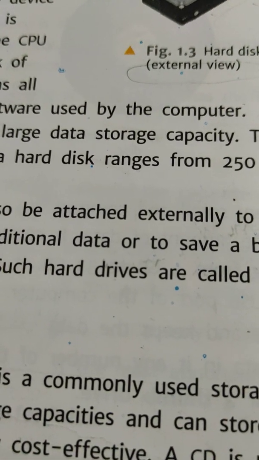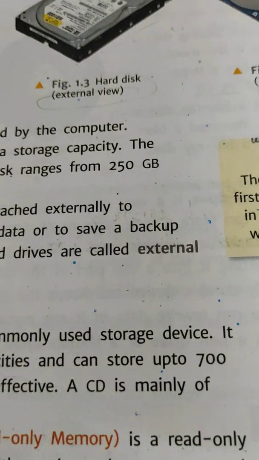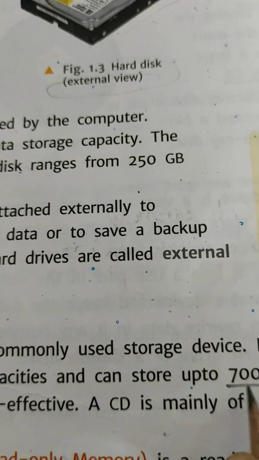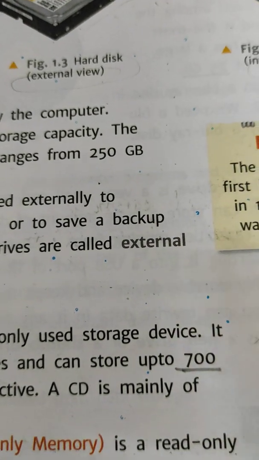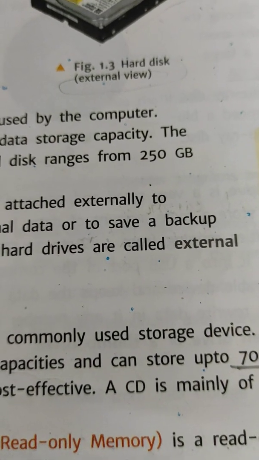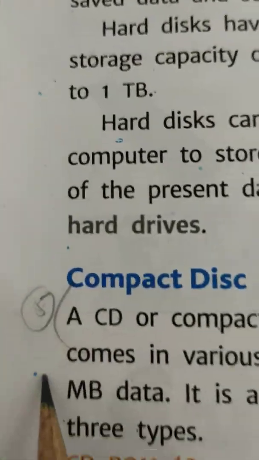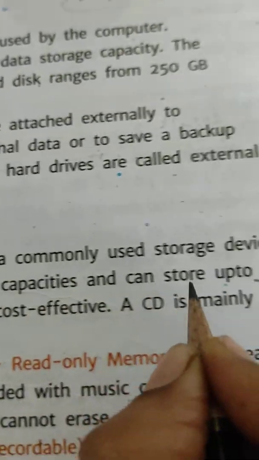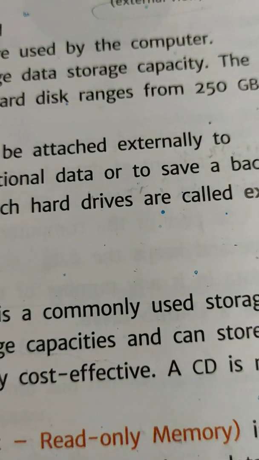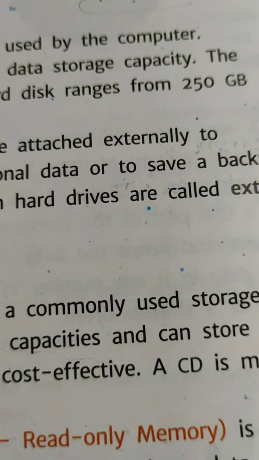It can store up to 700 MB of data. 700 MB means 700 megabytes. You can store 700 MB of data in one CD. It is very cost effective. There are three types of CDs.